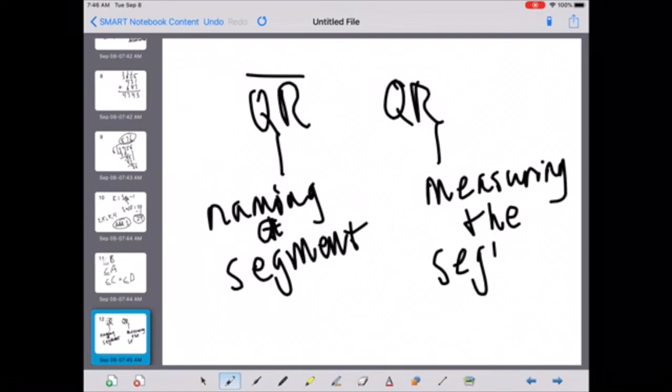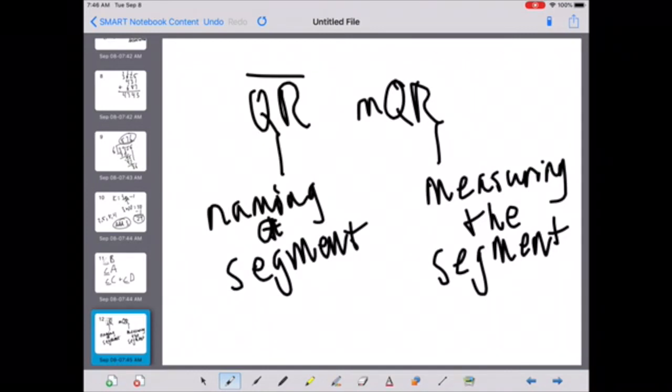That's measuring the segment. So if there's a line, we're just saying, hey, this is QR, that segment we're talking about. If there's no line above it, then we have to measure it. Sometimes, guys, remember from the lesson, they put an M in front of it, and they want you to measure it. But that's just the difference between those things. That'll come up later on in a test, too, where you have to name those segments. Make sure you have the measuring of those things to make sure you get them.